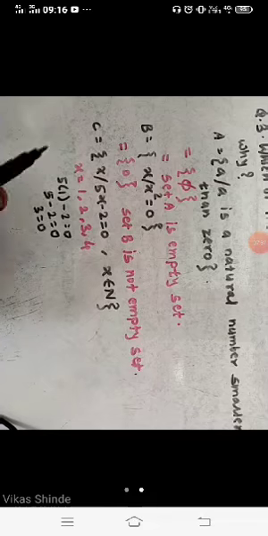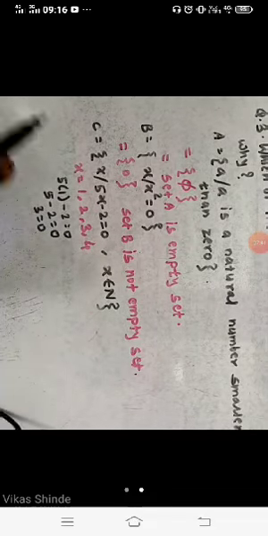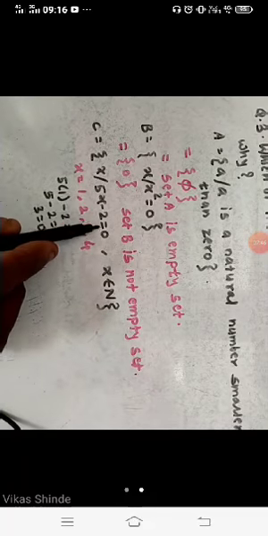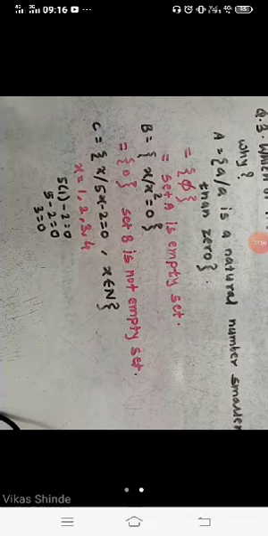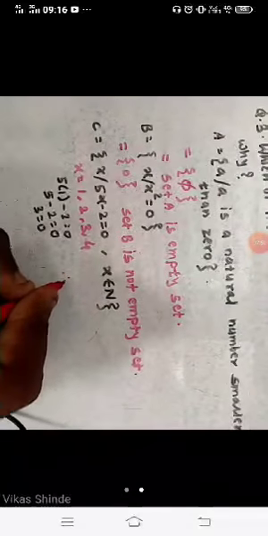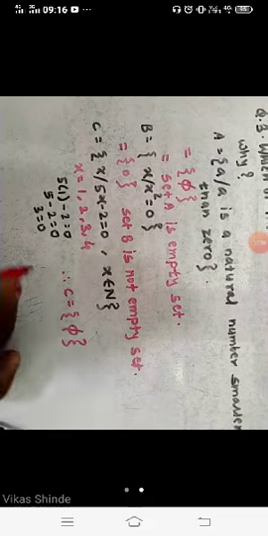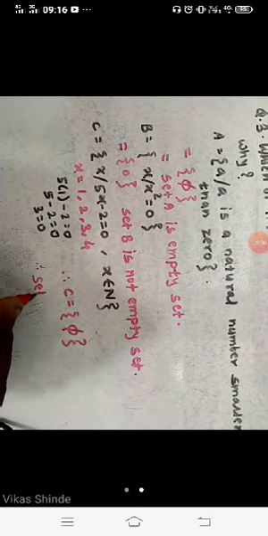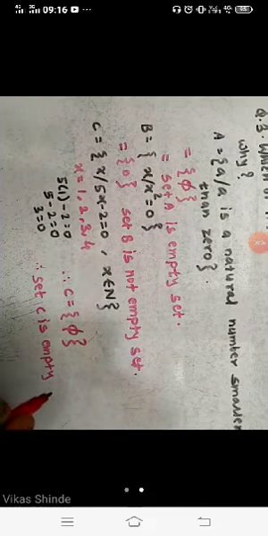If you take 2, or 3, or 4, if you substitute any value for x, our answer is not 0. So we have to write C equals a curly bracket with phi, meaning no element here. So set C is an empty set.